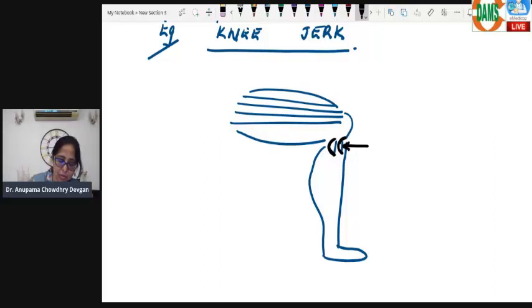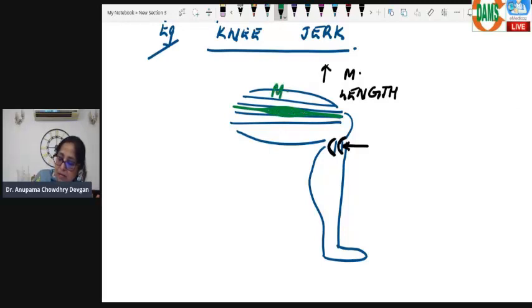So there is now going to be an increase in the muscle length. Why? Because when I tap, the tendon gets indented and this stretches the muscle. Now, what is present within the muscle are receptors called muscle spindles.